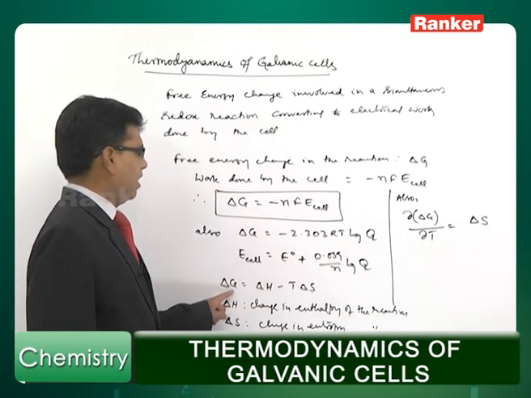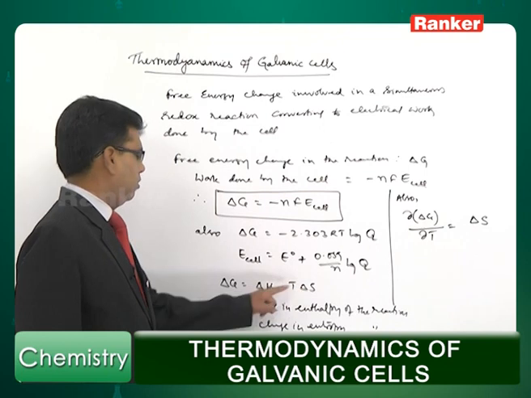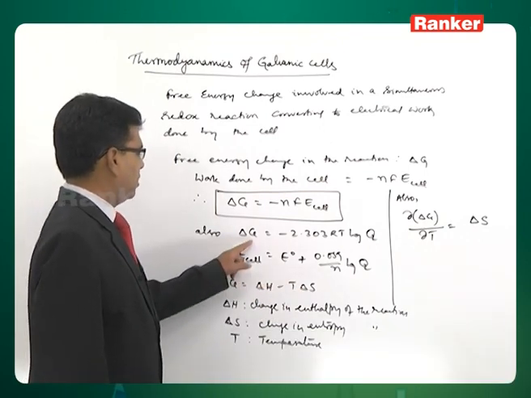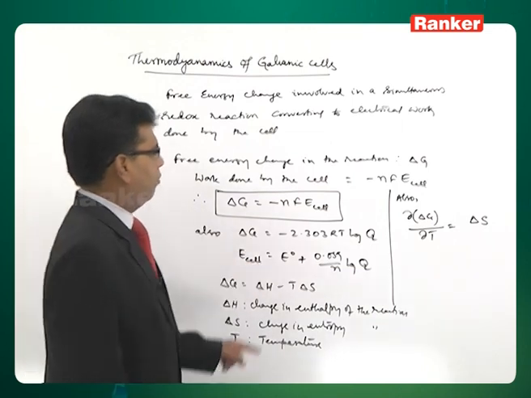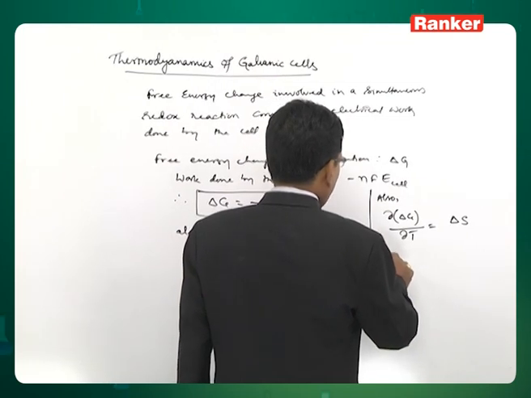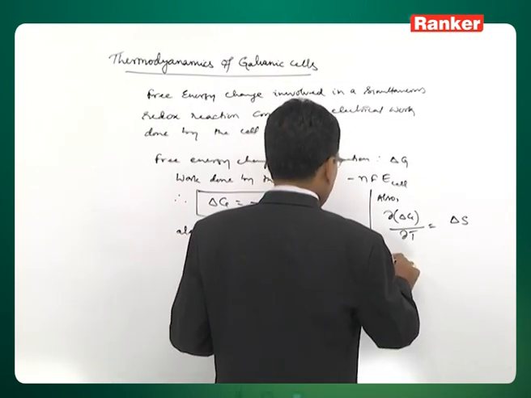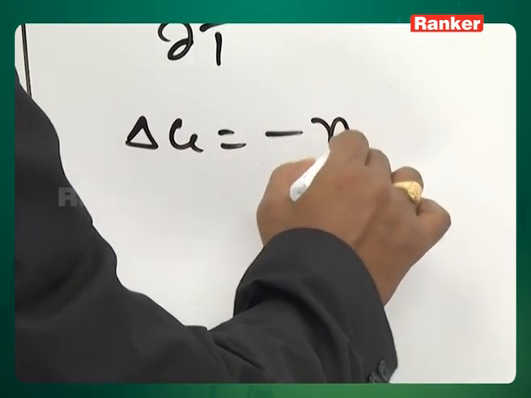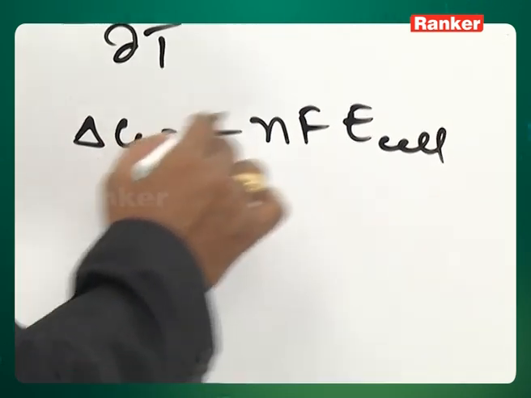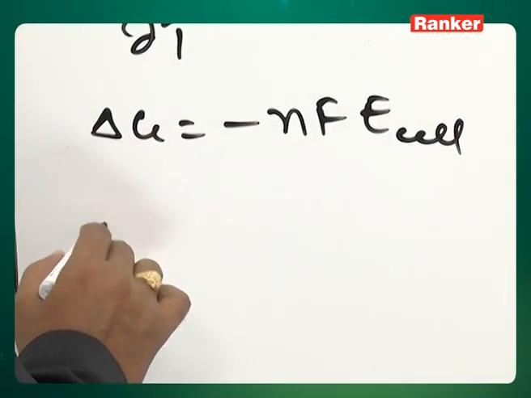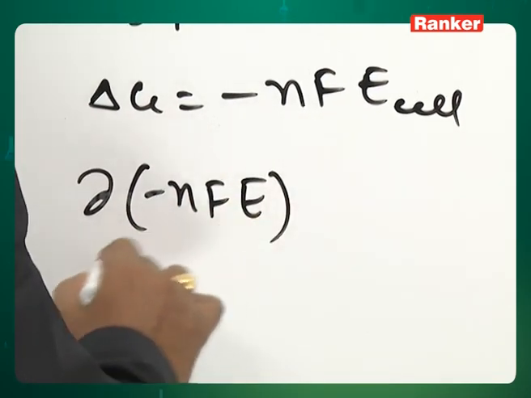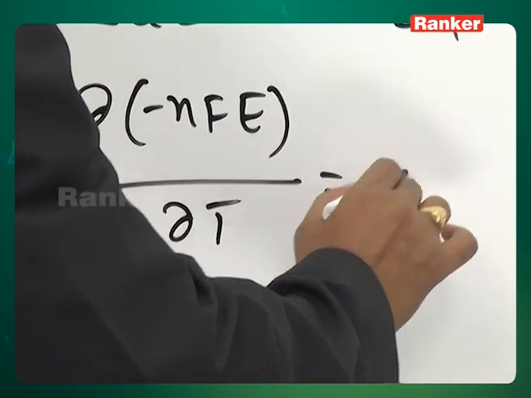Because delta G is equal to delta H minus T delta S and delta G is equal to minus nF E cell, from this what we can write is that, if you substitute this, dou minus nF E by dou T is equal to delta S.